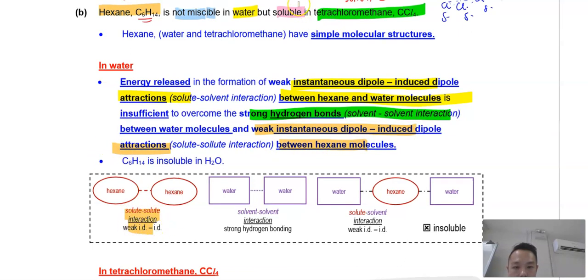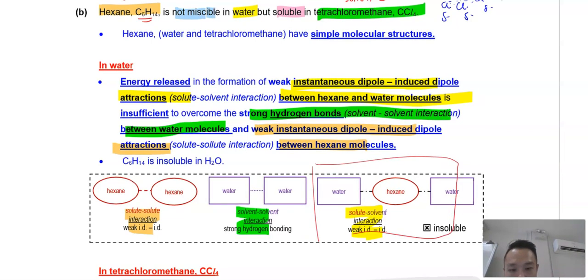I'll just color code for you over here: solvent-solvent, and last one, this is a solute-solvent. So this interaction here cannot outweigh, cannot overcome the solvent-solvent interaction and solute-solute interaction. That's why hexane is immiscible in water.